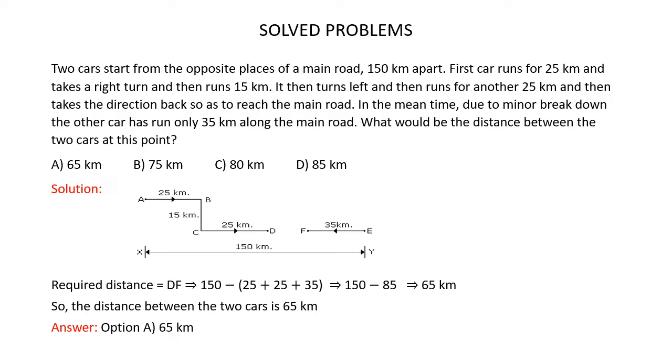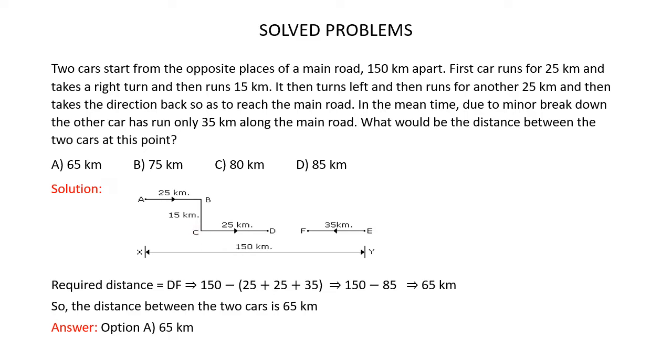Now we know that this whole distance is 150 kilometers. So DF will be equal to 150 minus 35 minus 25 minus 25. Since AB is 25 kilometers, this distance also will be 25 kilometers.